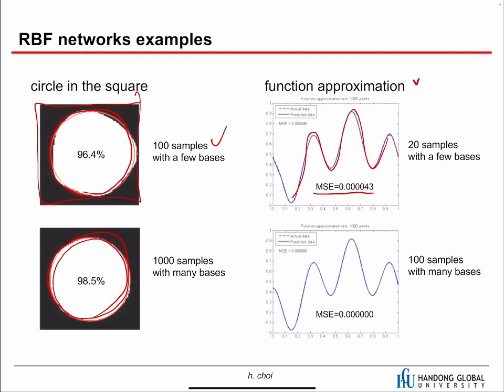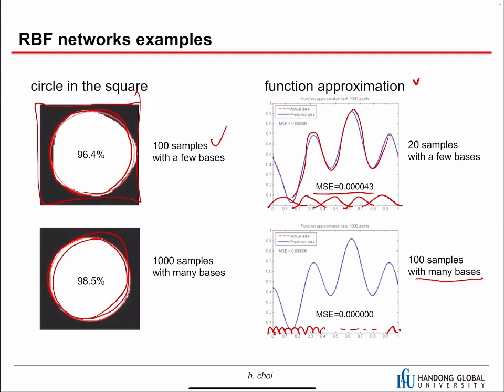But if we increase the number of samples, then we can increase the number of basis functions, and the MSE would be almost 0. So in this case, where are the basis functions? We have basis functions like this. But when we don't have enough samples, then the basis function should be big, to avoid the overfitting problem.